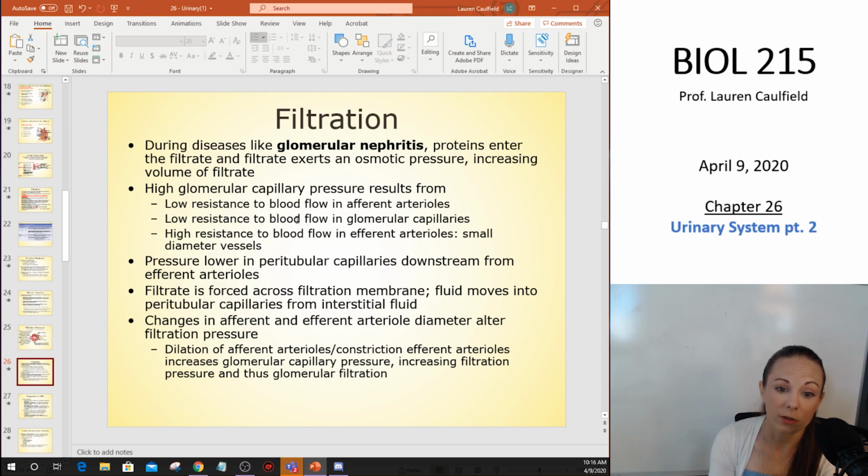If you have a low resistance in the glomerular capillaries, okay, that means that you're also going to have a high glomerular capillary pressure. You can also create a high glomerular pressure by constricting the efferent arteriole and preventing blood from leaving the glomerulus as easily. Okay, so you basically kind of slow down the blood flow leaving the glomerular capillary bed, increasing the pressure behind it in the glomerulus.